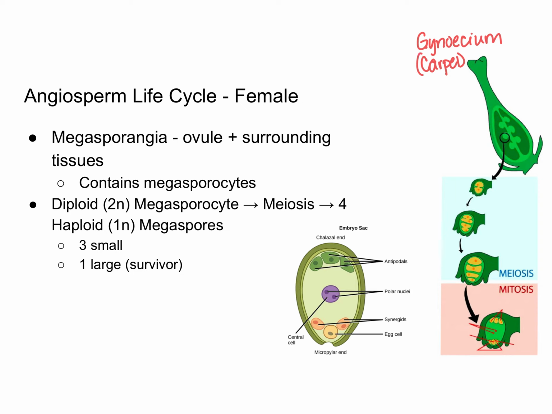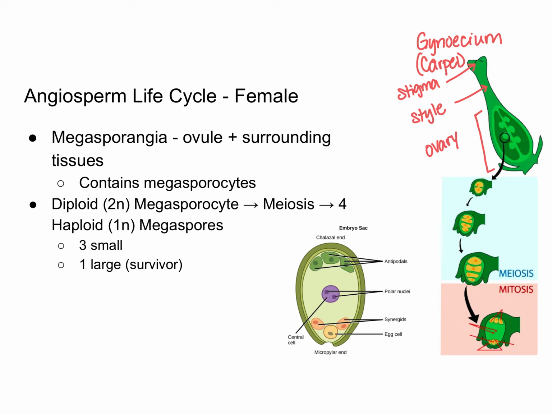And remember that the carpel is made up of multiple different structures. So you have the stigma at the end here. You have this connecting point between the stigma and the ovary, and this is the style. And then this area down here is altogether known as the ovary.